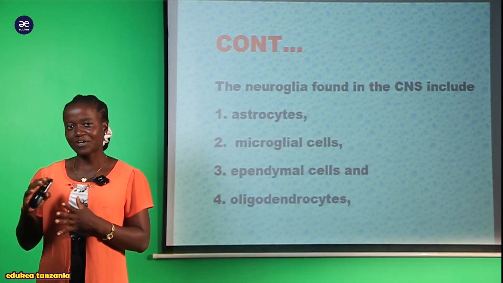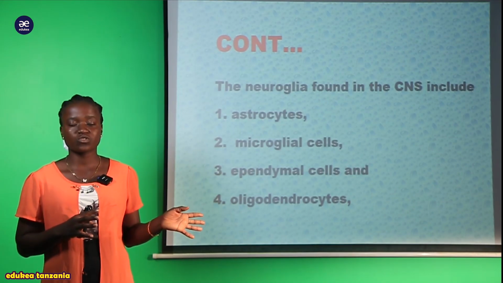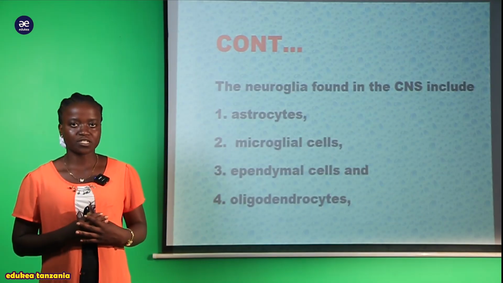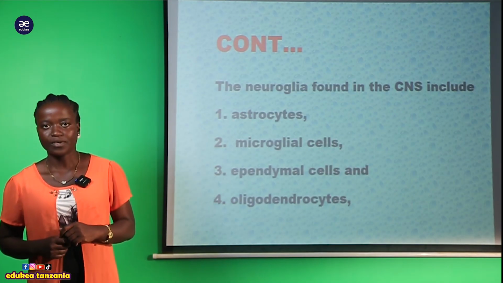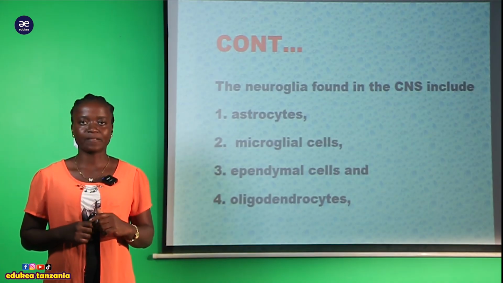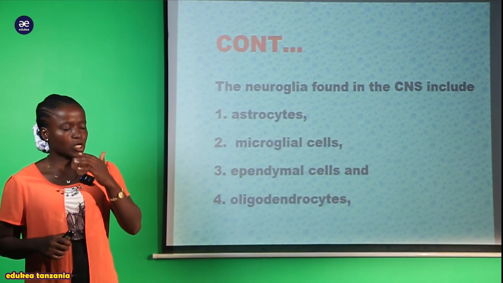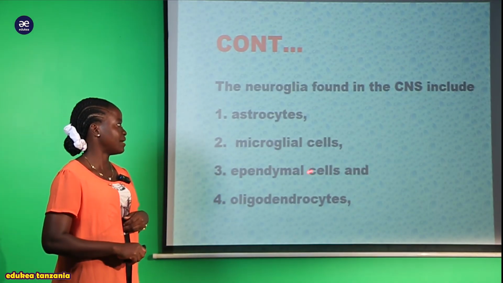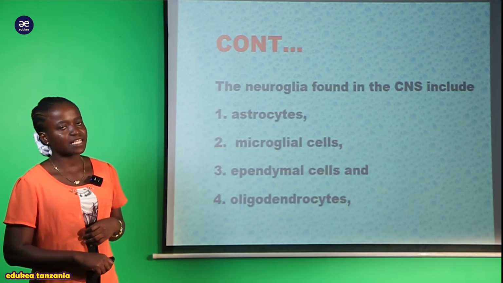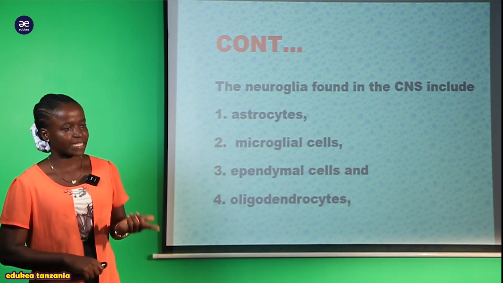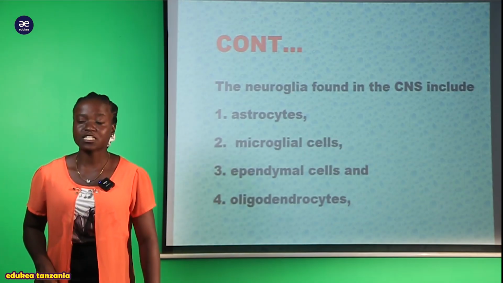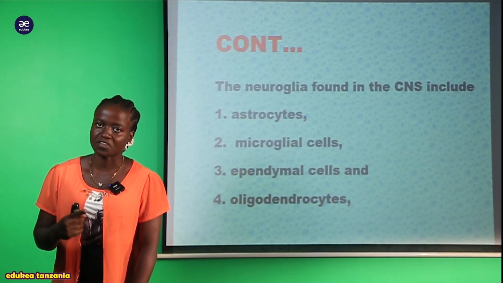We are going to discuss later what this astrocyte is and its function. And also we have microglia cells. Apart from microglia cells, we have epidermal cells. And lastly, we have the oligodendrocytes. Oligodendrocyte is found within the central nervous system.